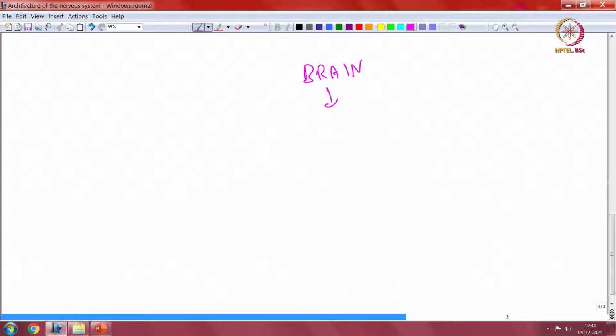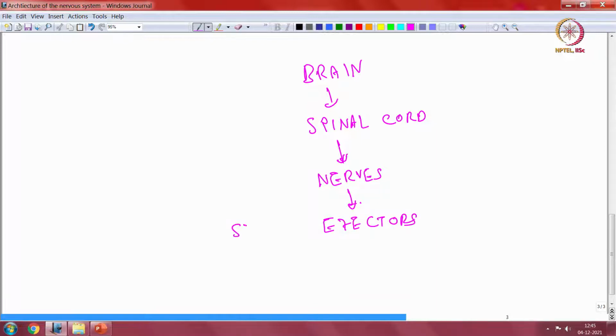When we speak about the nervous system in common terms, we think of it in terms of brain, then spinal cord, nerves, and effectors and sensors. I have done it as a top down approach because it's easier to understand.